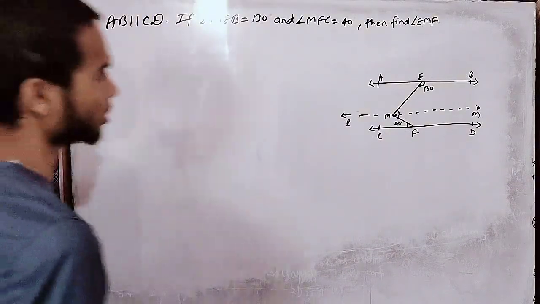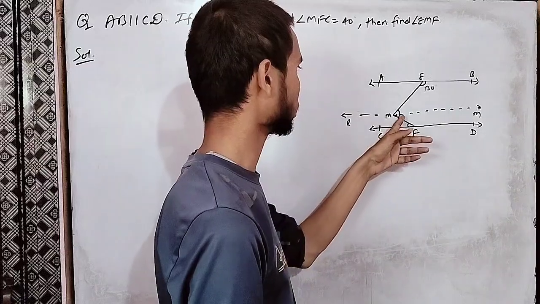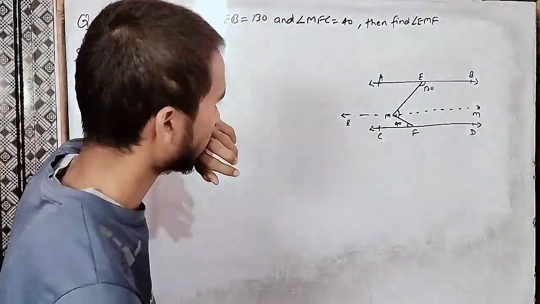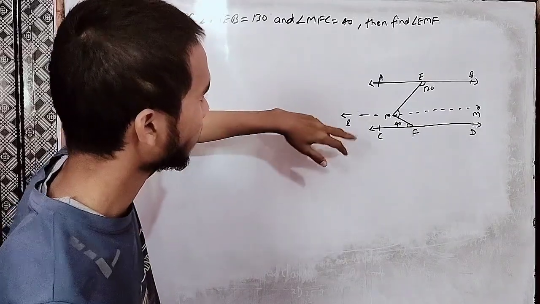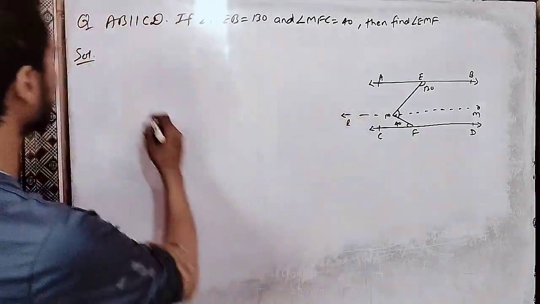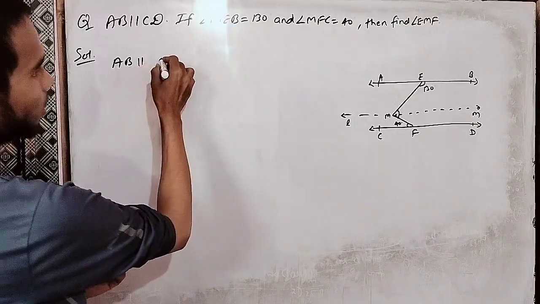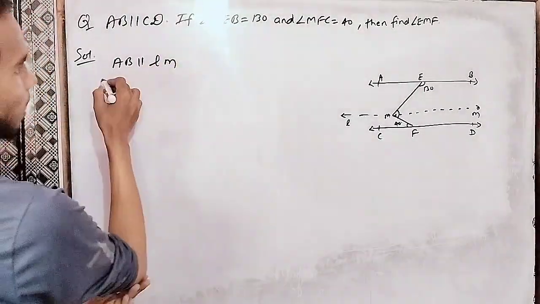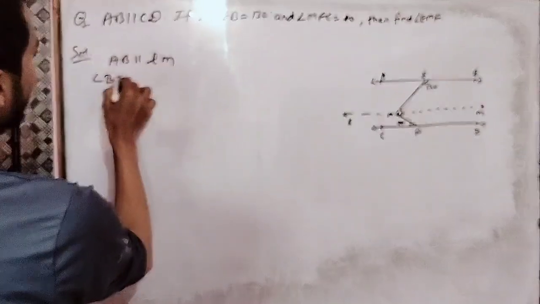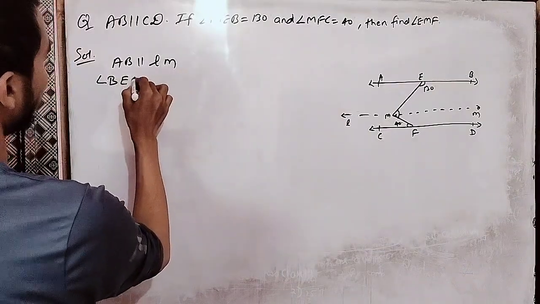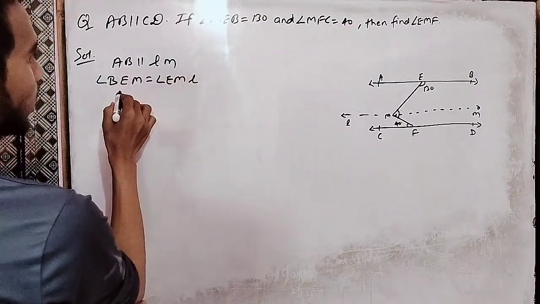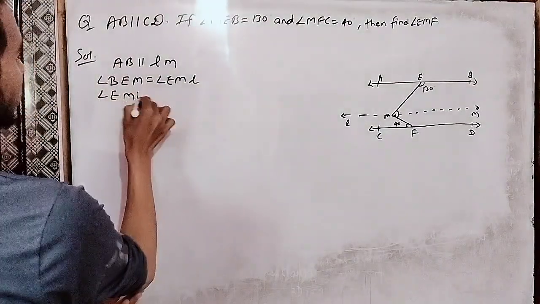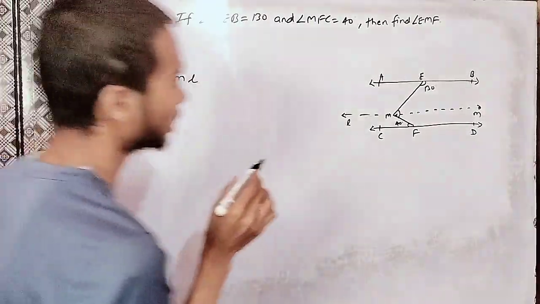What would be the process to find the value of this angle? Here we can say AB is parallel to LM. Then angle BEM is equal to angle EML. Am I right? So EML would be 130 degrees.